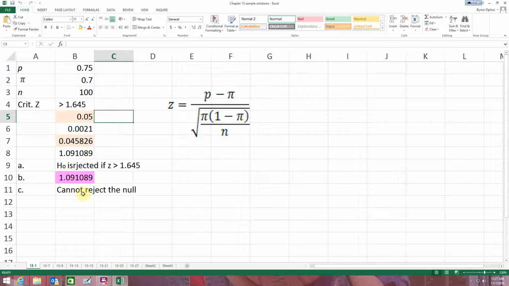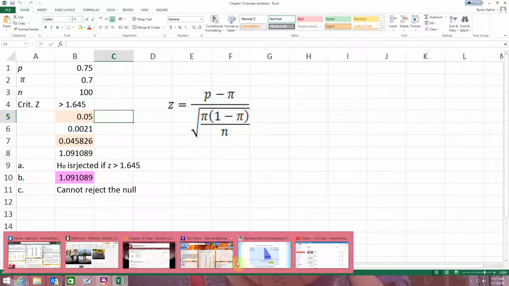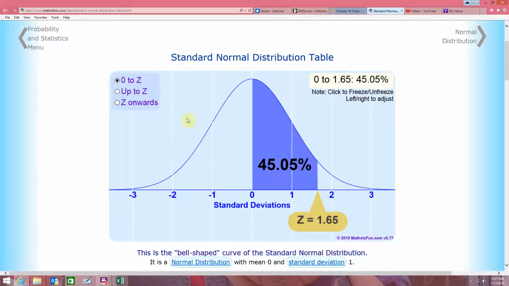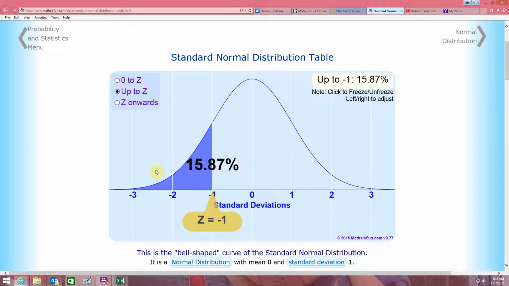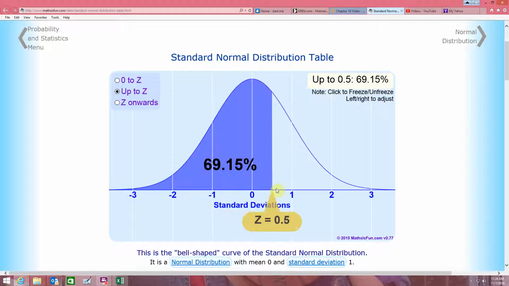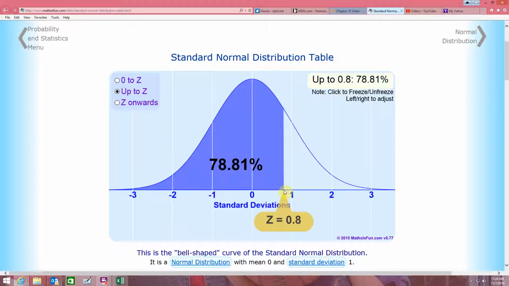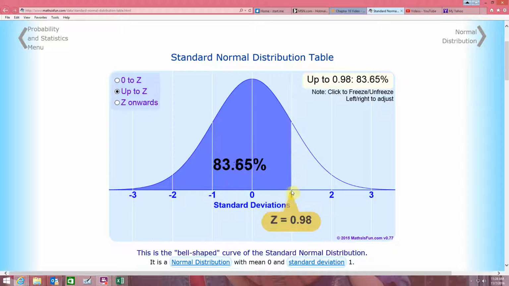First we have to find our critical z. And again, we can look at our chart in the back, or we can come here, and we've got the 0.05. If we look at the alternate hypothesis, that's the one I always look at, it's greater than 0.7, so in this case I'm going to reject if my answer is greater than the critical value.